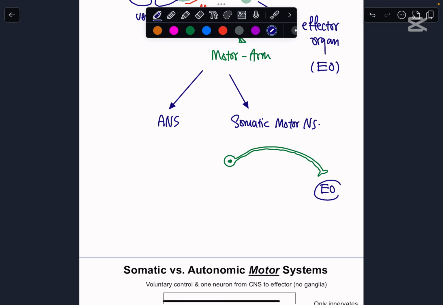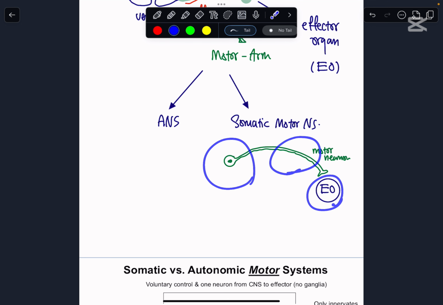Effector organ essentially is the organ that gets the signal from the motor arm. So that would be a motor neuron. It's a one motor neuron system. So you have your spinal cord, one motor neuron, effector organ.